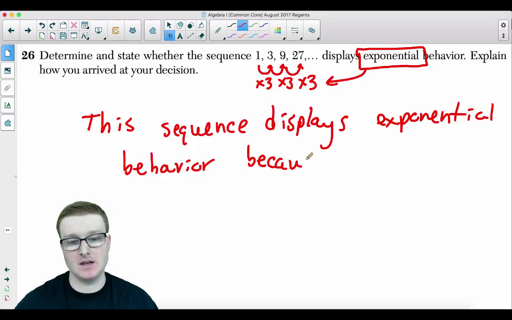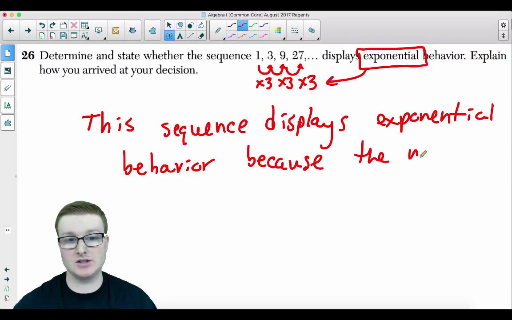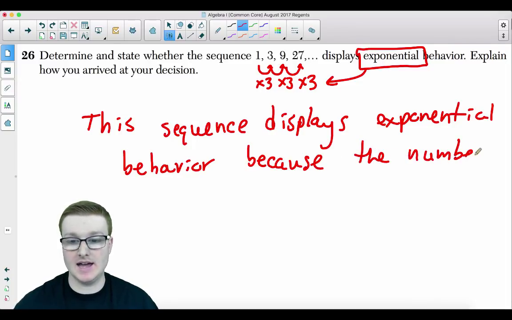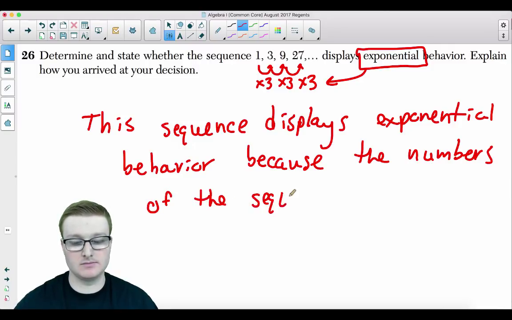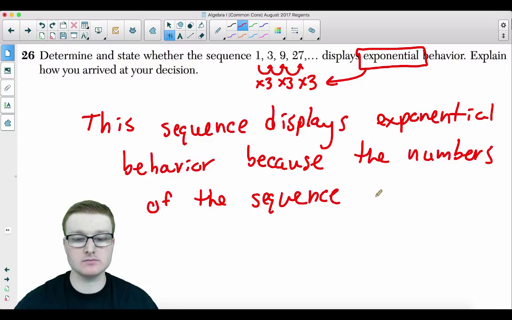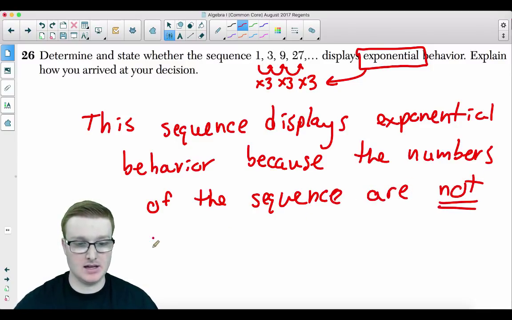because the numbers, which in this case are 1, 3, 9, and 27, the numbers of the sequence are not increasing at a constant rate.